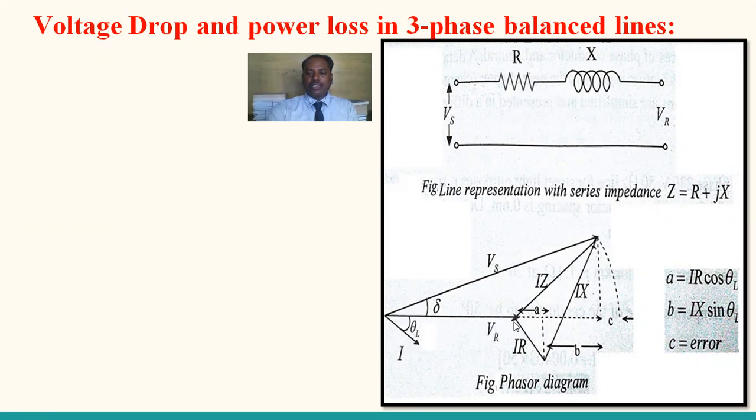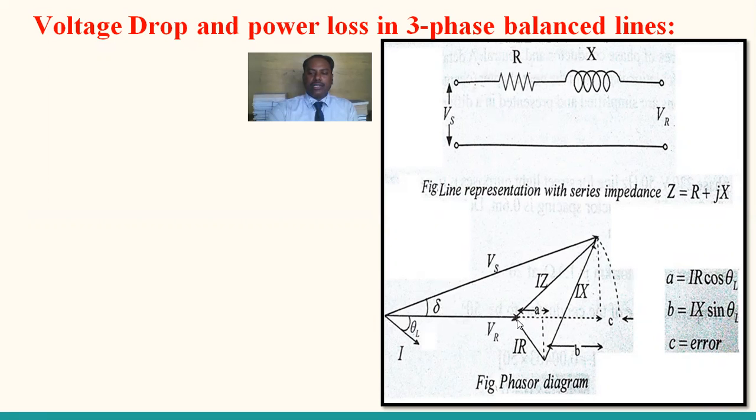The resistive drop IR, the reactive drop IX, and the summation of resistive and reactive drop is the impedance drop. Therefore, the receiving end voltage plus the drop of the system will give the sending end voltage. The angle between the sending and receiving end voltage is delta.